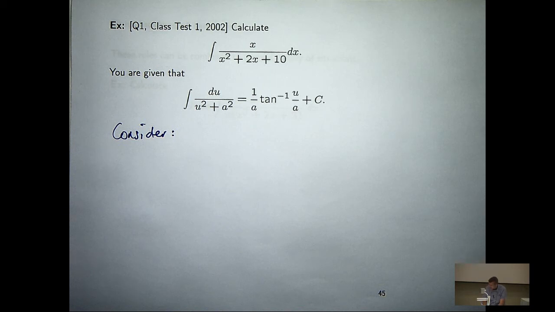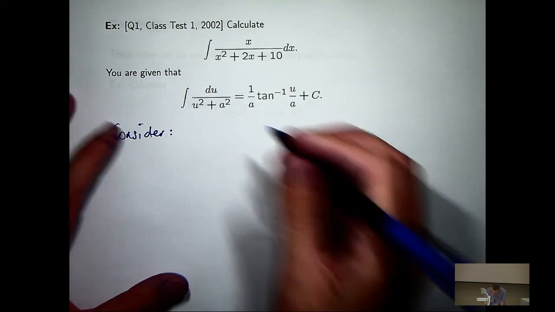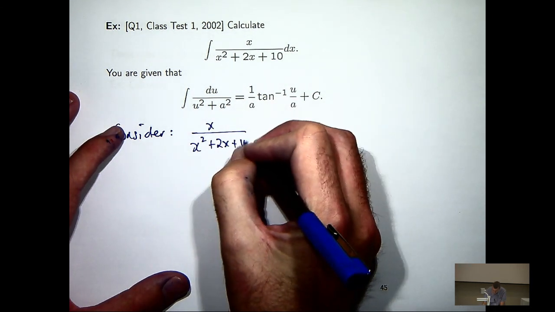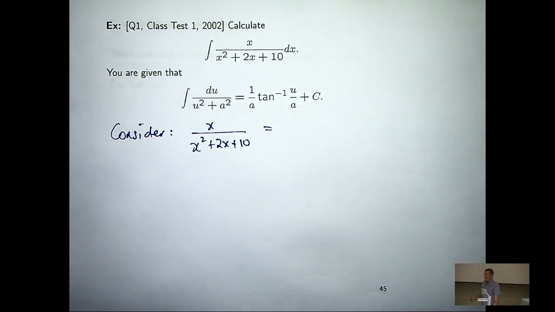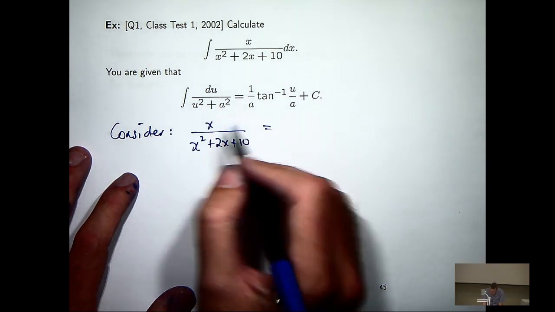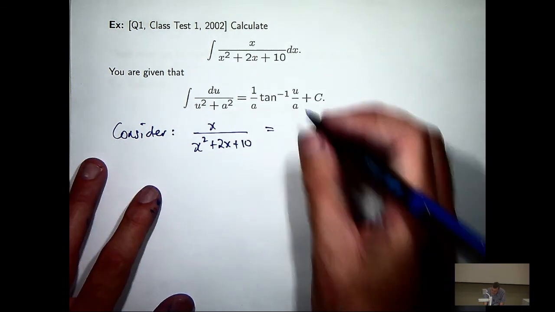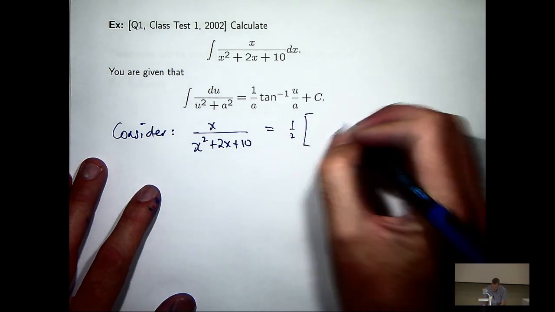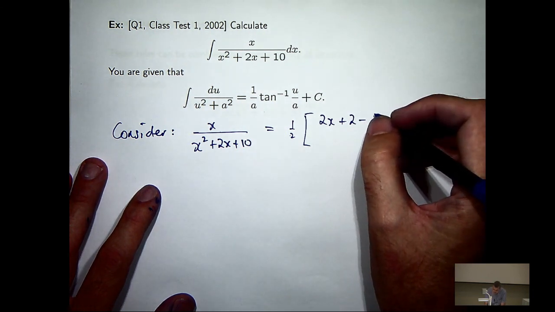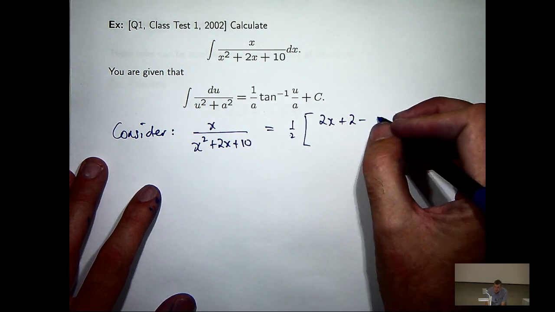How can I do that? Well, what I can do is actually multiply by 2, divide by 2, and add and subtract. Okay, so I'm going to, I guess that should be a 4, right?